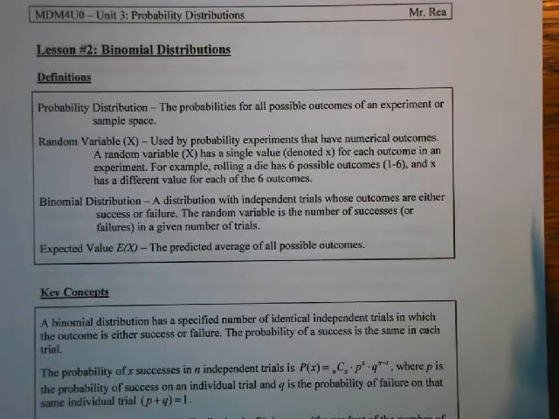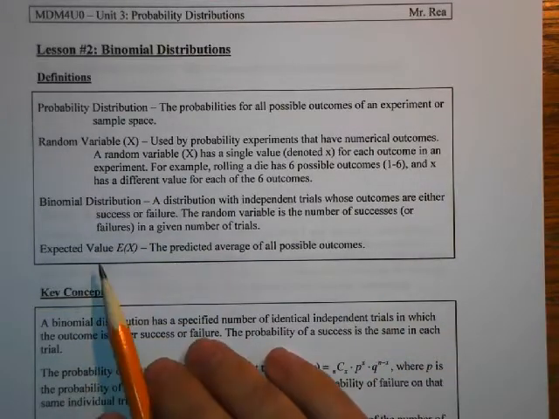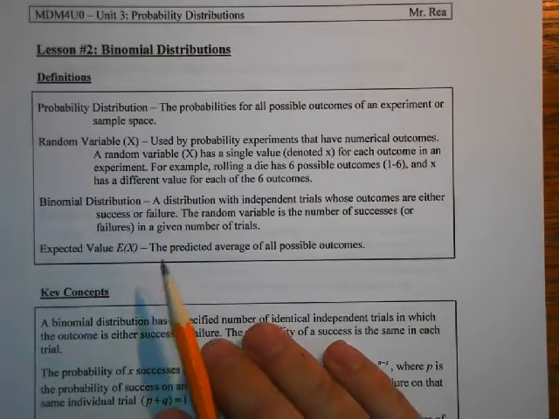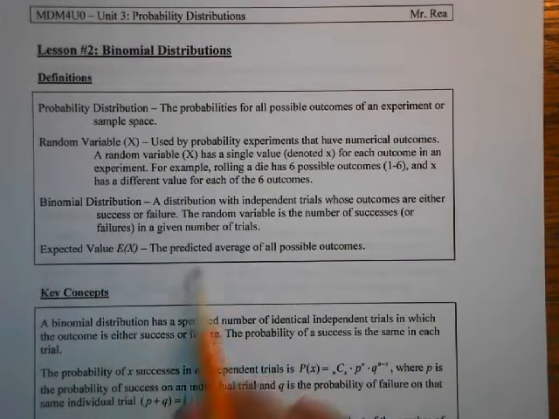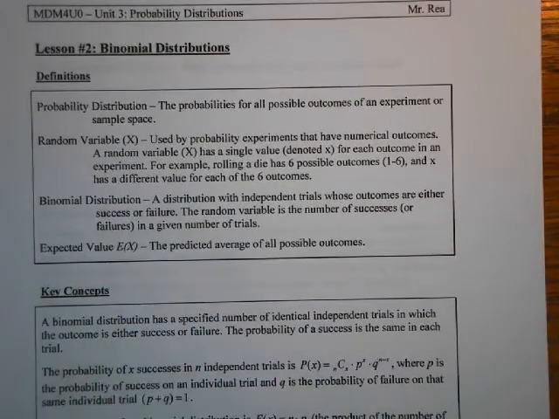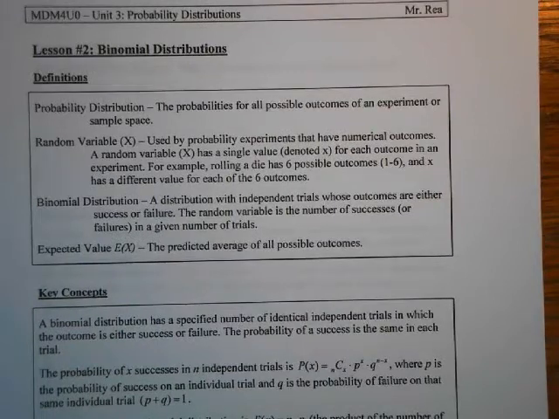You could label getting a 2, 4, or 6 as a success, and anything else, a 1, 3, or 5, would be a failure. So you can group the outcomes into success or failure that way. We're also introducing expected value. We talked about this in the last lesson. This will be a formula just for binomial distributions. We'll come up with a brand new one.